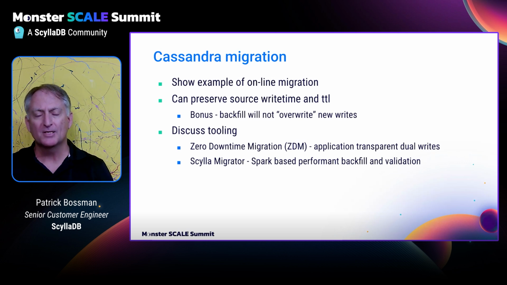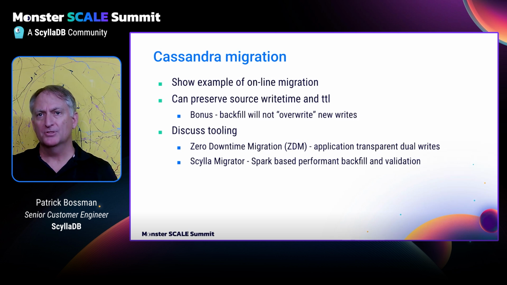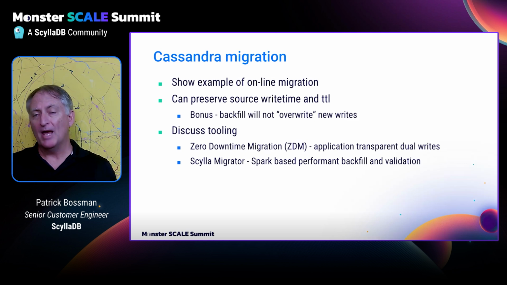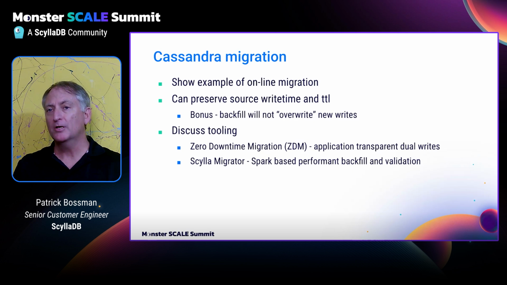What this means is we can redirect new writes to the target database before we've started backfilling. And then we can backfill or forklift your data from the source to the target.